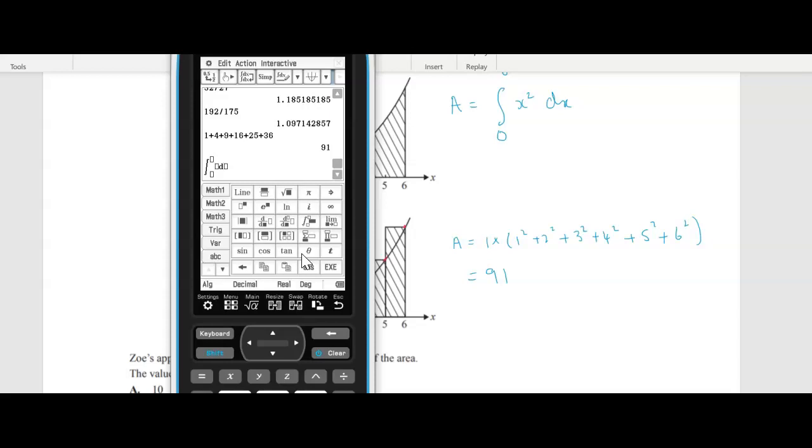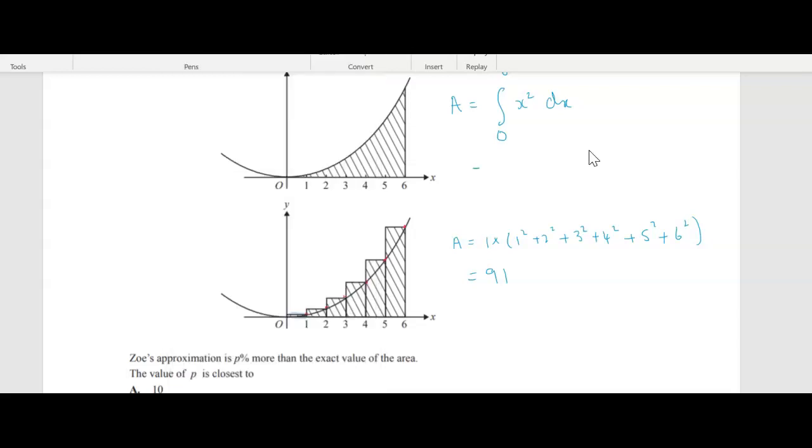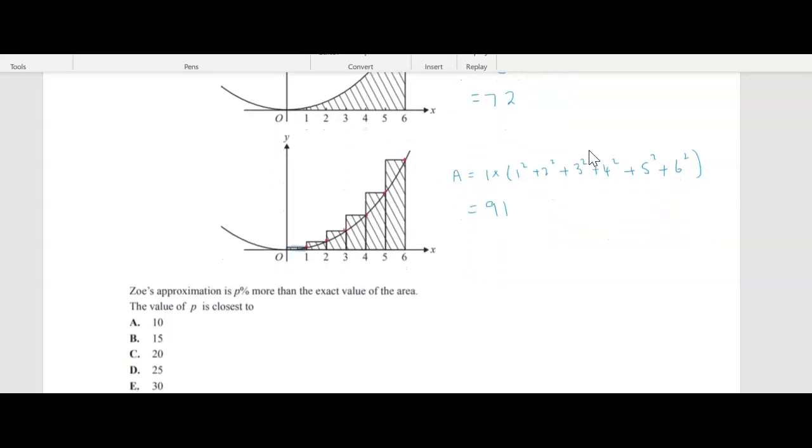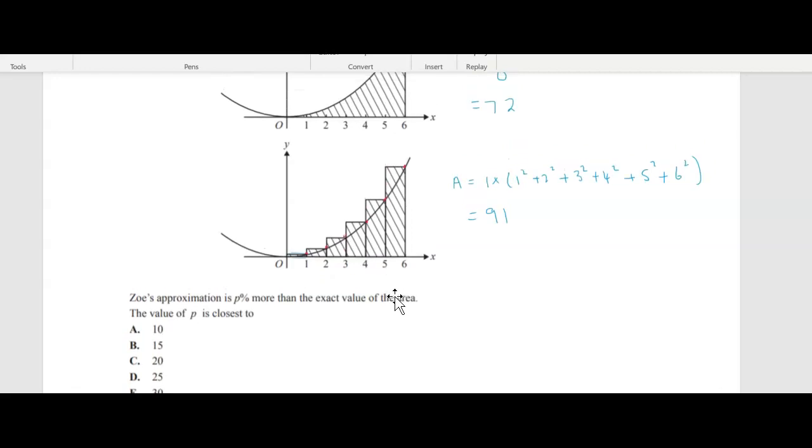If we're going to use the definite integral, we're going from 0 to 6, and it's x squared dx. Right, so it's 72. All right, so her approximation is p% more, so the difference between the two, what is that, 19?